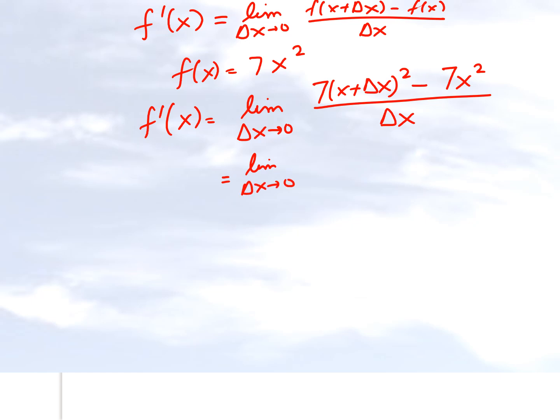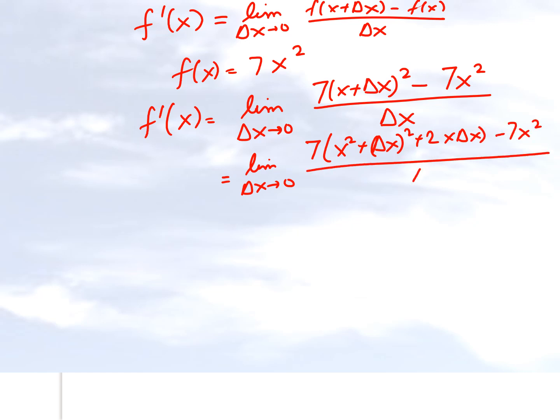So we'll use the (a plus b) whole squared formula here. We get 7 times x squared plus 2x delta x plus delta x whole squared, minus 7x squared, divided by delta x. And if we simplify it some further, we get this.